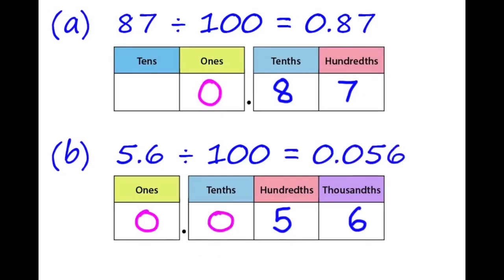Here you can see it filled out. 0.056. So we had to fill in our empty spots there with zeros. And the answer is 0.056. I'll leave it up on the screen for a minute in case you need to just look at it to help understand what we did there.